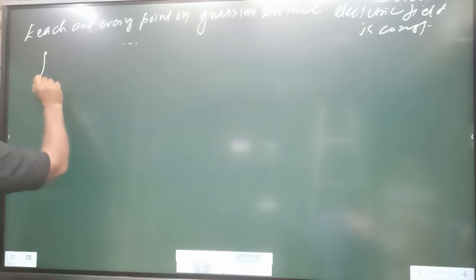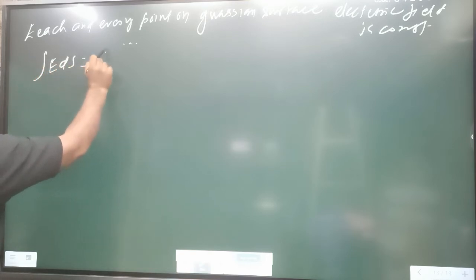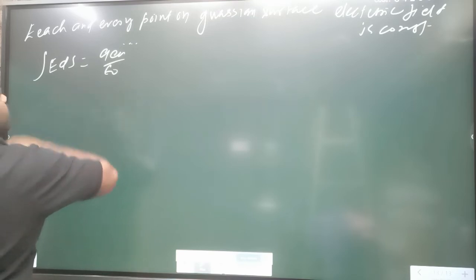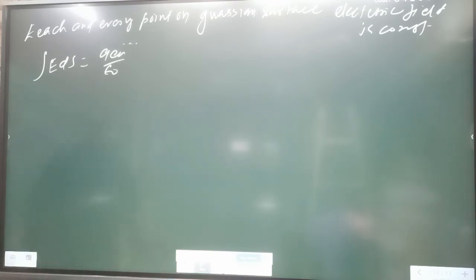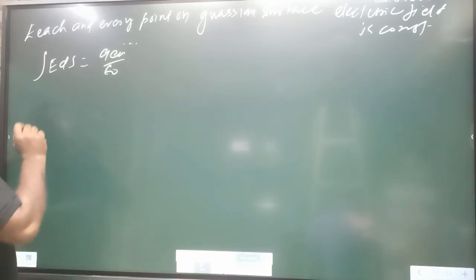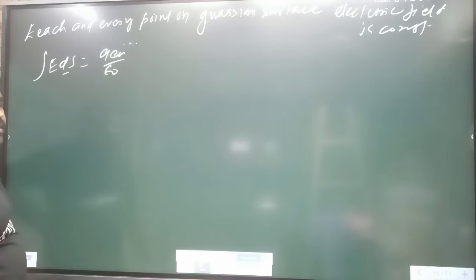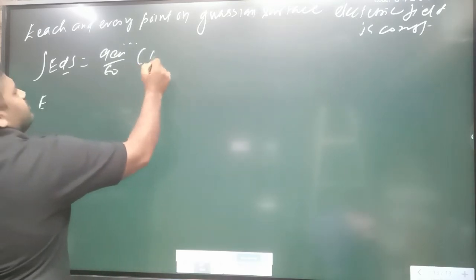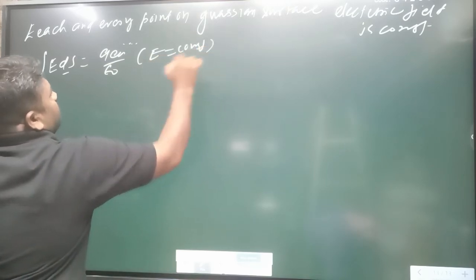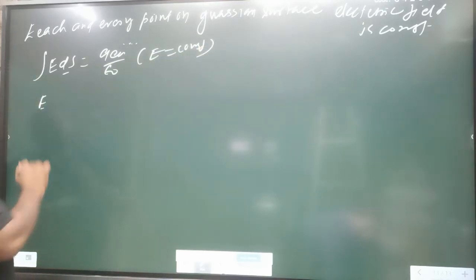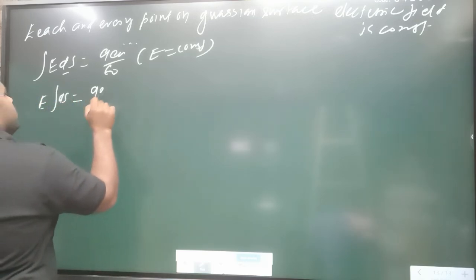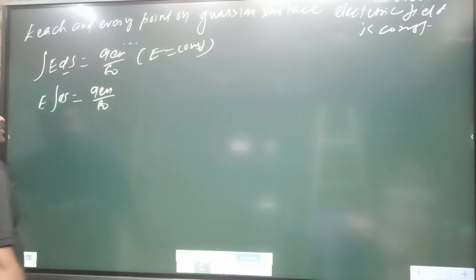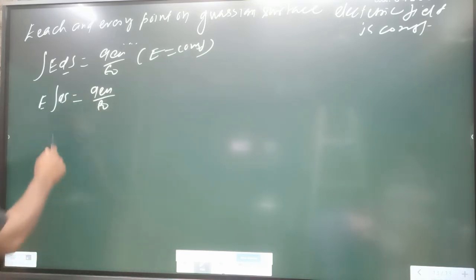Then the integration of E dS, suppose you take S here, equals Q enclosed upon epsilon naught. Now E is constant where? On this surface. Yes or no? So the constant part we take common outside. Integration of dS is equal to how much? Q enclosed upon epsilon naught.